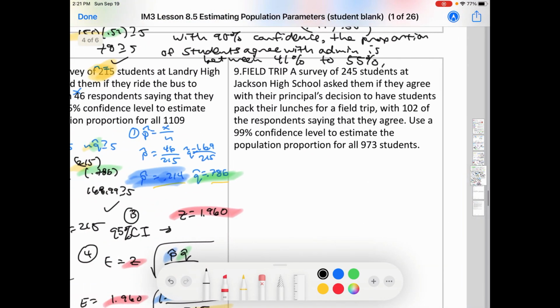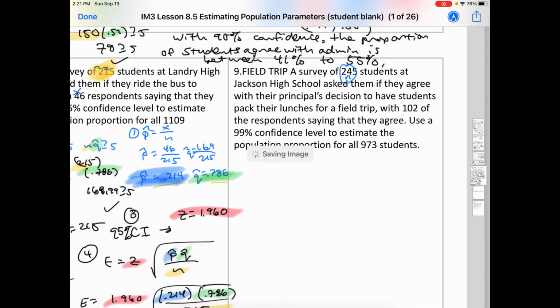And question number 9, a field trip of 245 students, n equals 245, at Jackson High School. Ask them if they agree with the principal's decision to have students pack their lunches for a field trip. With 102 of the respondents, so x equals 102, saying they agree, use a 99% confidence interval.